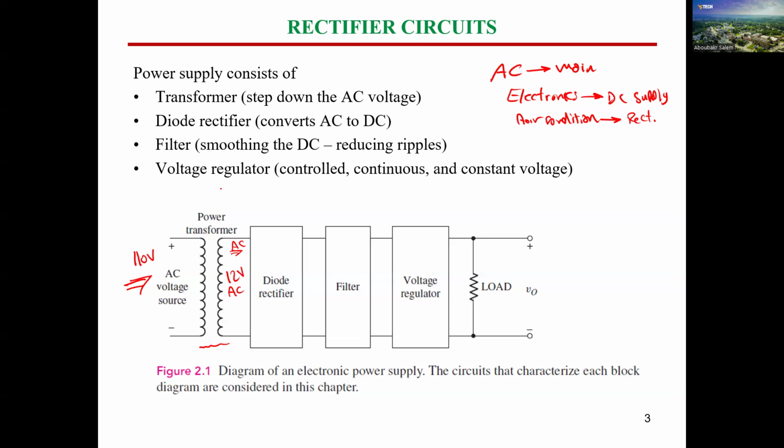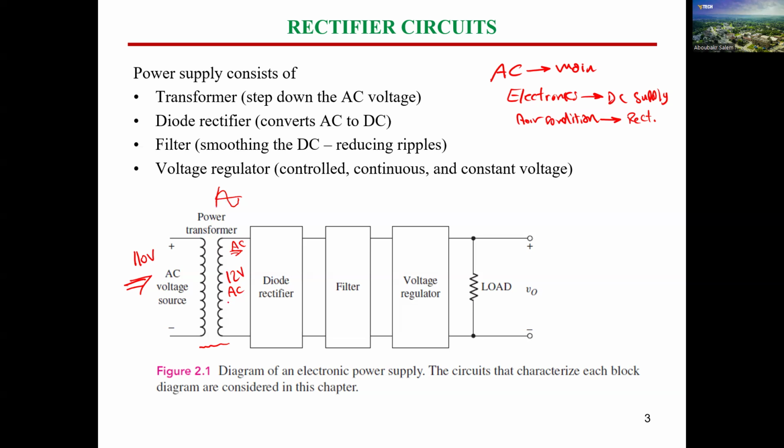The ideal AC, guys, is a sinusoidal supply. But the difference between the input and output is the voltage level. We will see together the relation of the primary to secondary voltage of a transformer and what controls the transformer voltage inside this device.